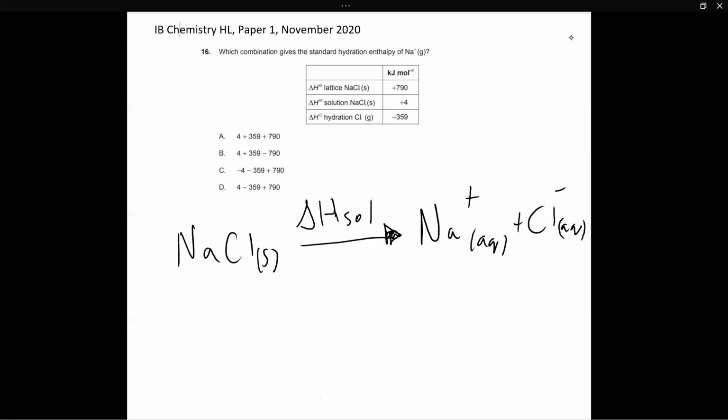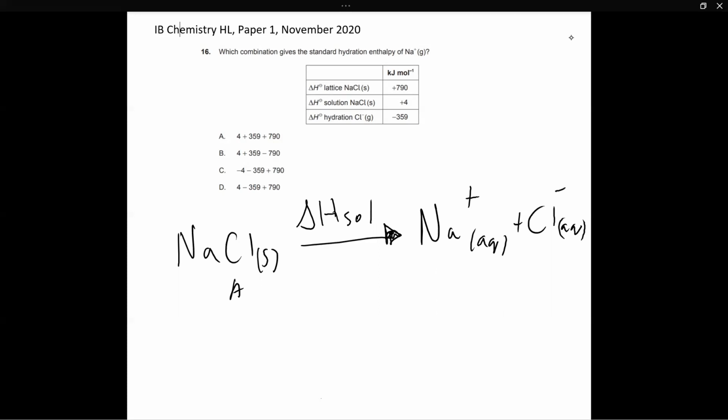So what Hess's law basically says is if you go from A, which in this case is NaCl, to B, which is the dissolved NaCl, or you go from A to C to B, the enthalpy change is the same. There is no difference.